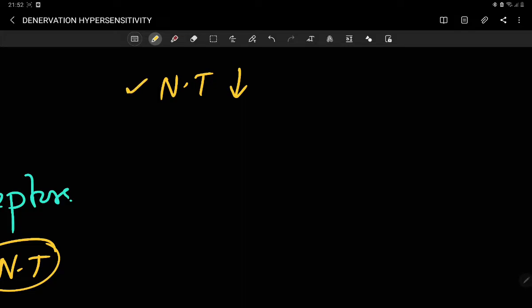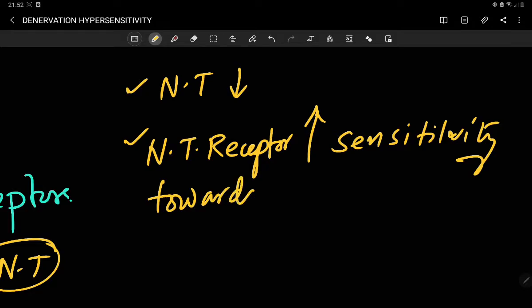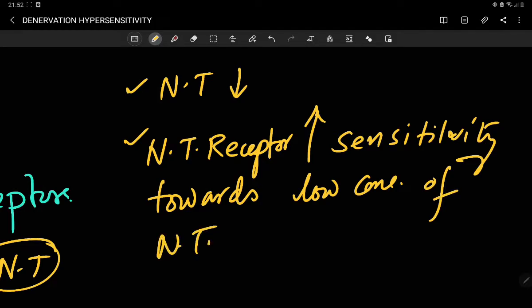So the neurotransmitter receptors increase their sensitivity towards the low concentration of neurotransmitter which is present in the circulating plasma. Anyways, due to this, now what happens?